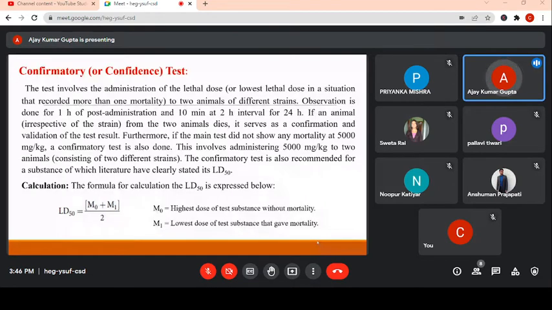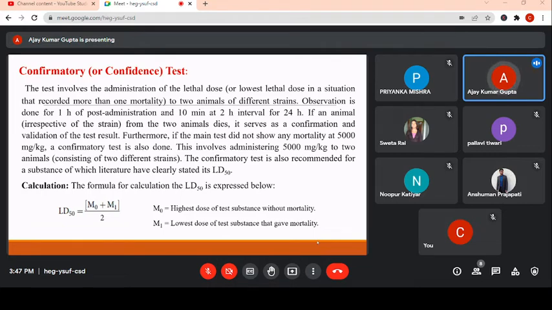Observation will be done as already stated in stage 1, stage 2, and stage 3. That is, post-administration for 1 hour, then at the interval of 2 hours, up to the period of 24 hours, with observation for a minimum of 10 minutes.